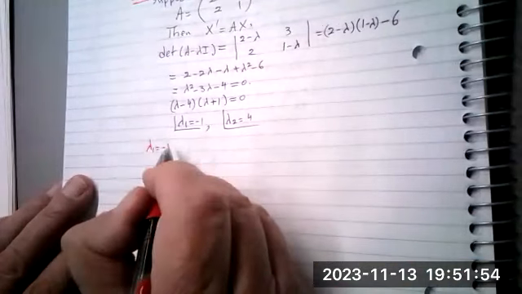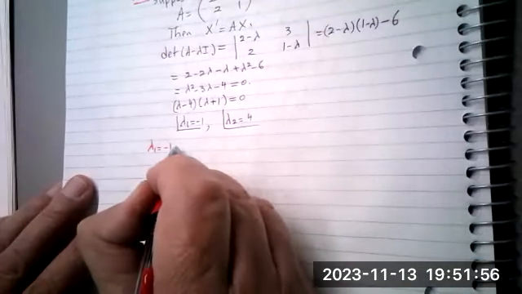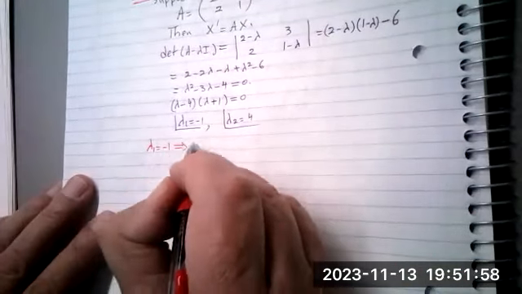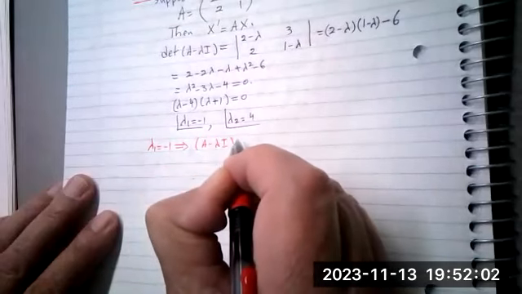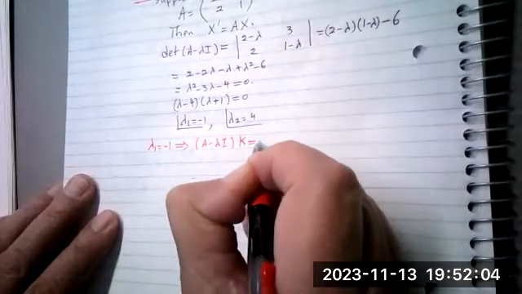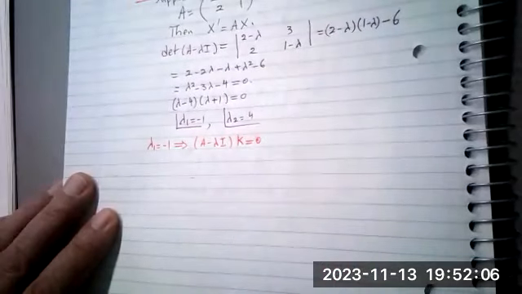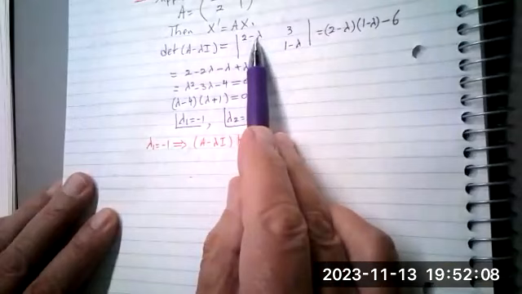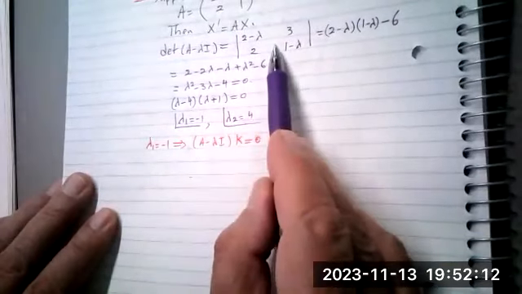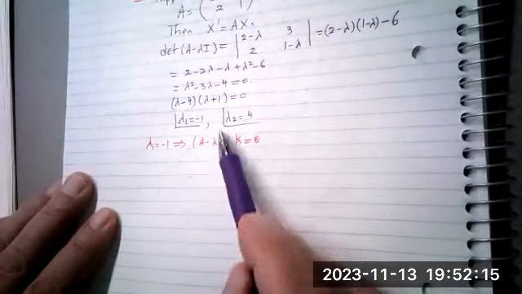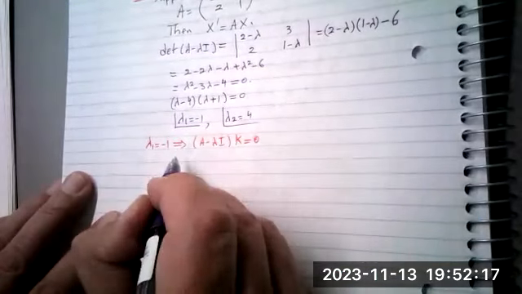So we are going to find this vector. I find A minus lambda I times K equal to 0. You go to this part and replace lambda by -1.